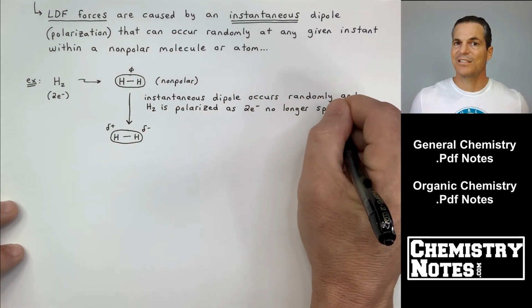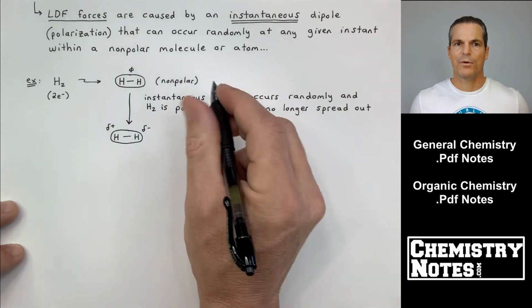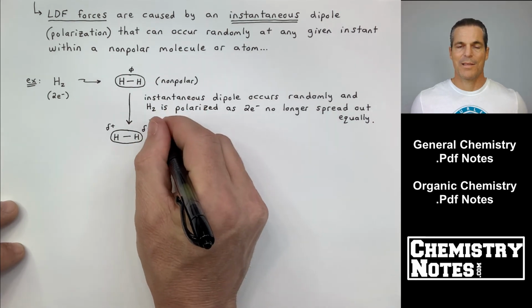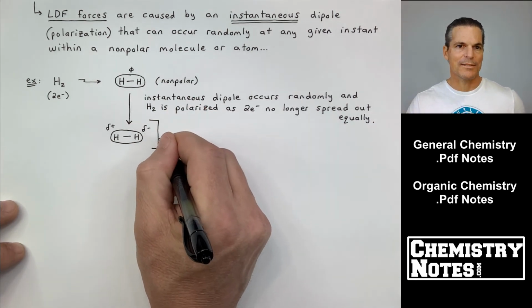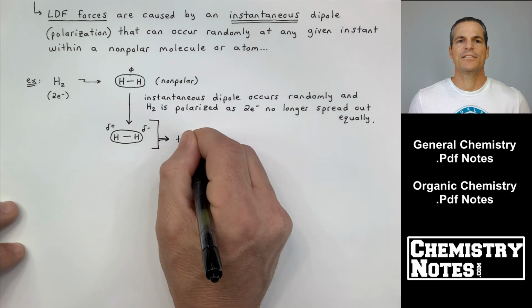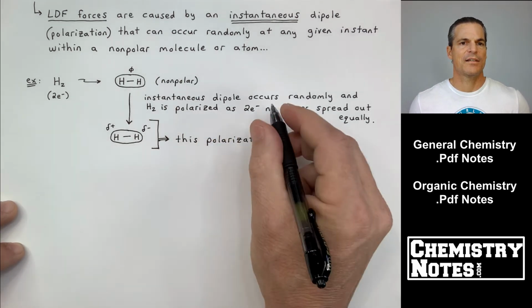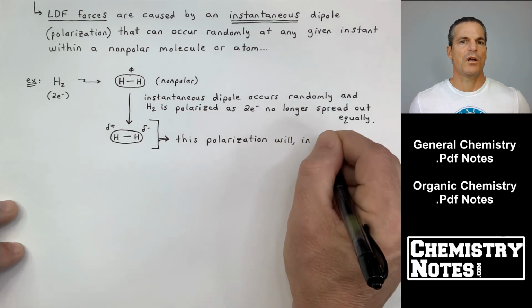That creates an instantaneous, for a split-second, dipole. All right, and then we have a partial positive and a partial minus that occurs for just a fleeting moment.